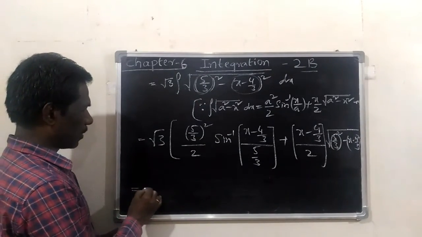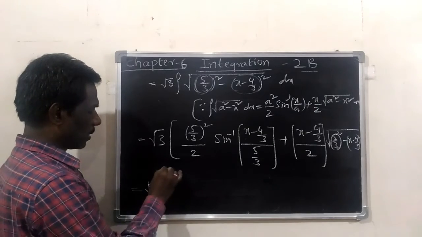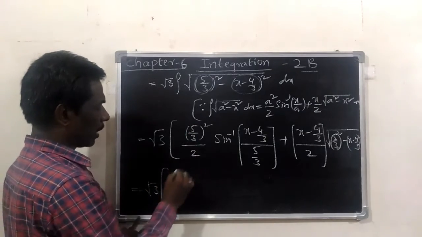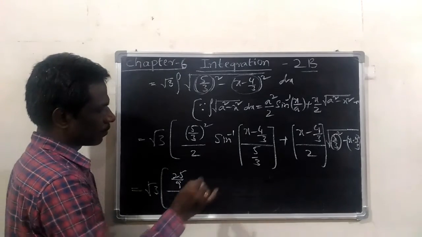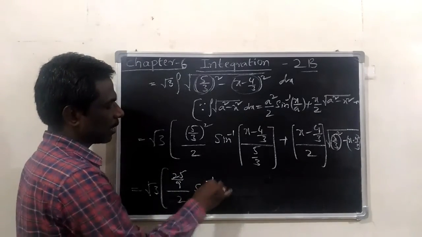And next, write that is equals to root 3 as it is into 5 square is 25 by 3 square is 9 by 2, and write sine inverse.